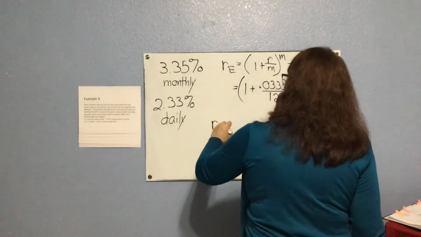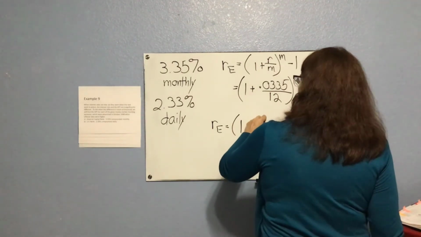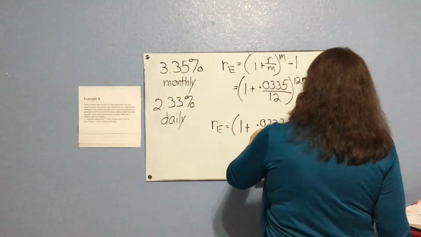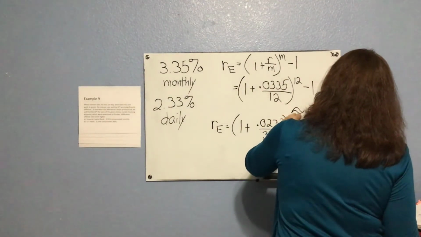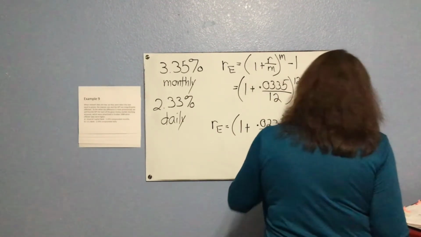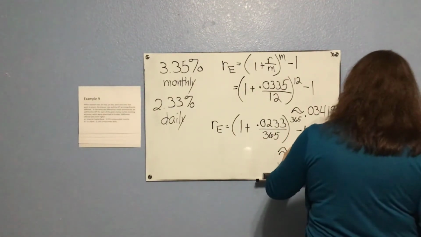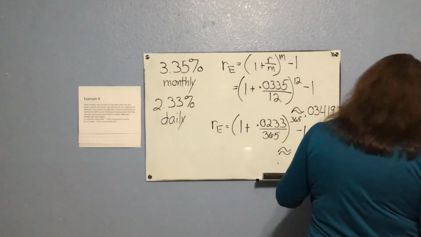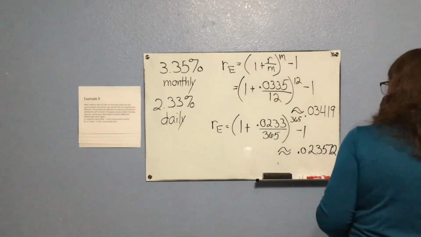R sub E is equal to 1 plus 0.0233 over 365 to the 365th power minus 1. And this is approximately equal to 0.023572.